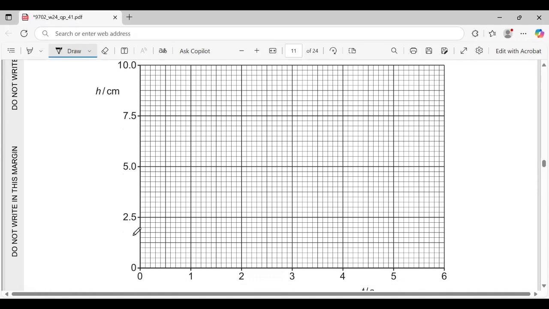When t equals 0, h equals 3.5. And the maximum is 9.5, here.